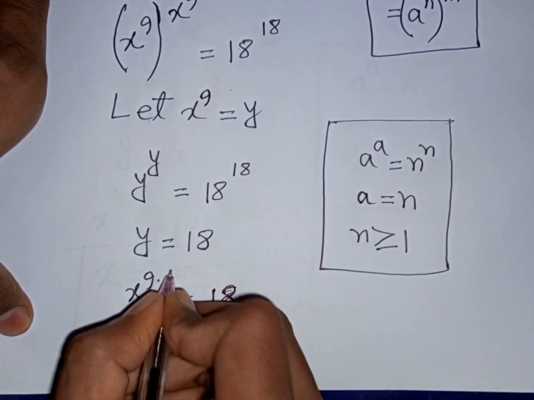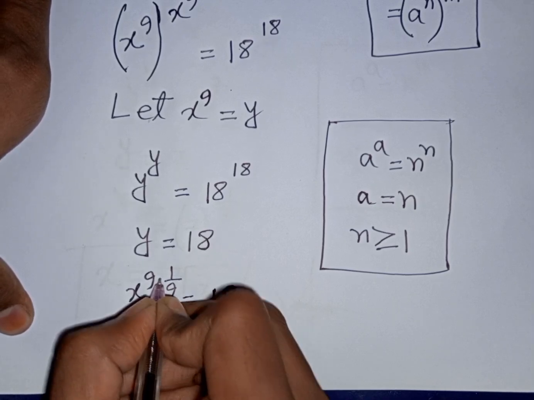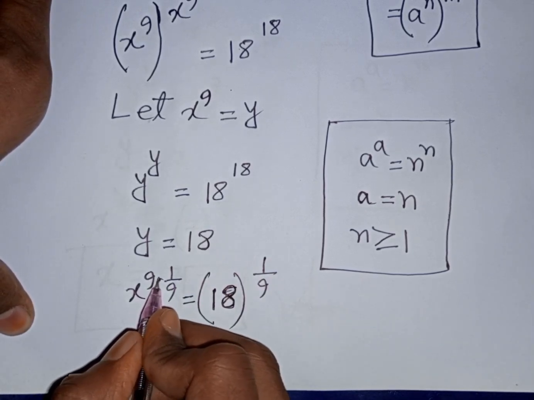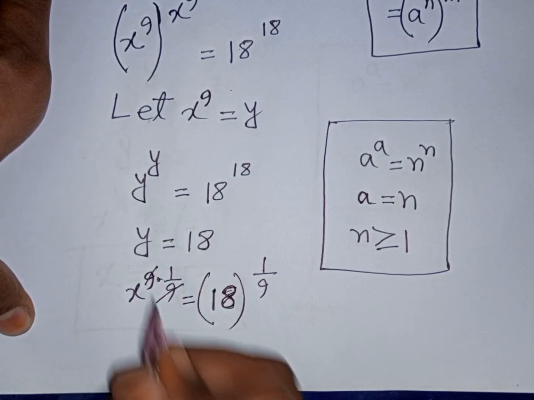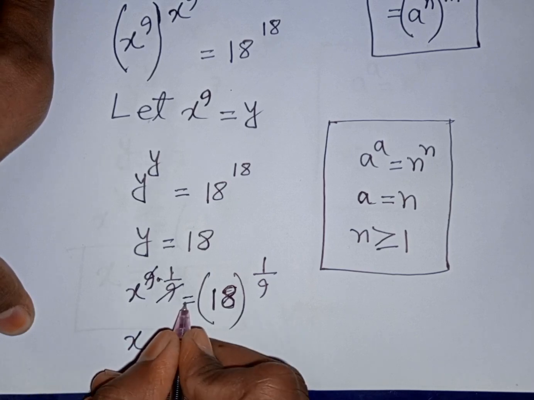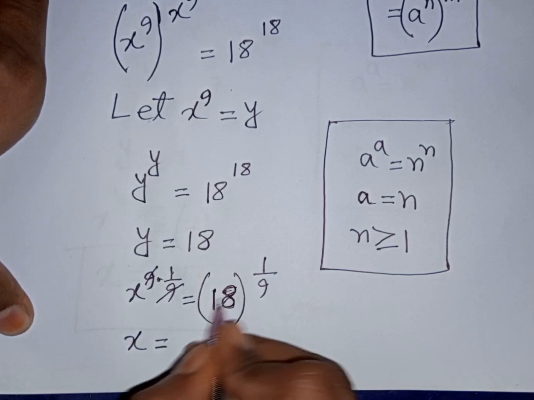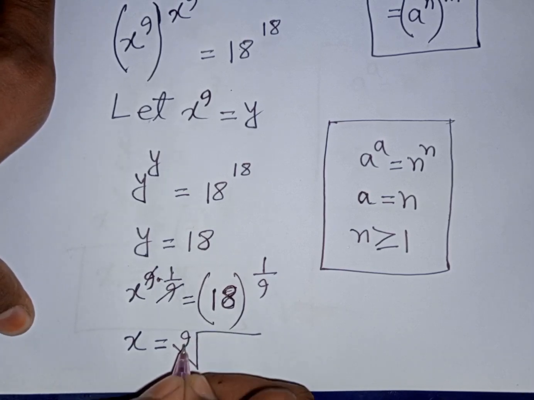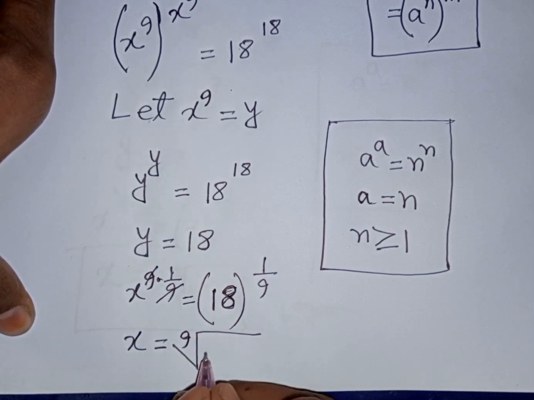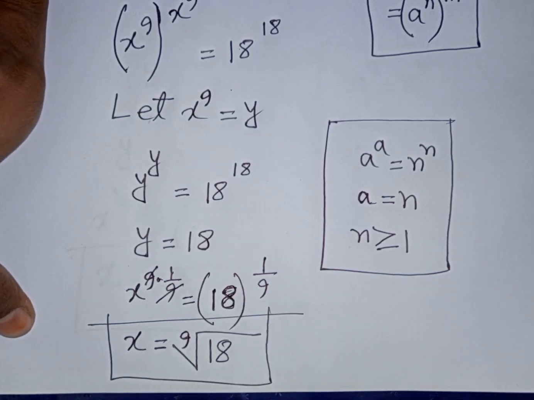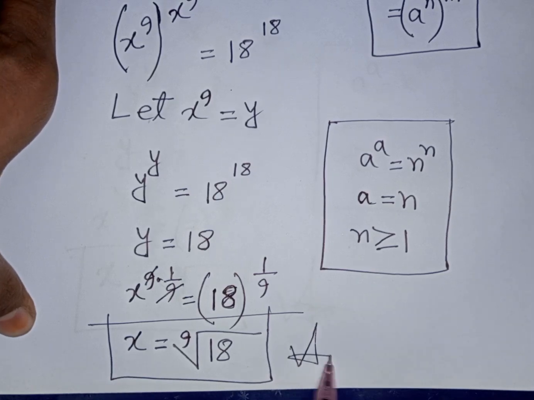So this 9 will be cancelled. So we have x power 1, which is x, is equal to 18 power of 1 by 9, which can be written as the 9th root of 18. So the 9th root of 18 is the value of x, and this is our final answer.